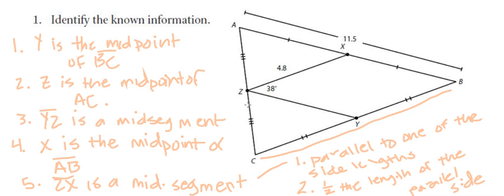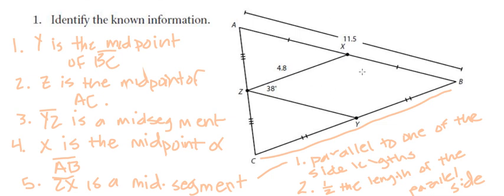Well, it's very easy to say it's not parallel to either of those because it intersects those. It has to be parallel to this one. Because I know that these are parallel and that this is a mid-segment, I know that BC is twice the length of XZ or ZX. So now I'm able to find my missing side lengths here.